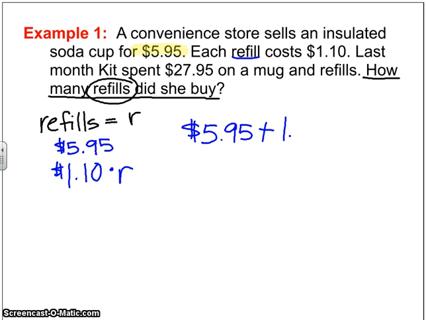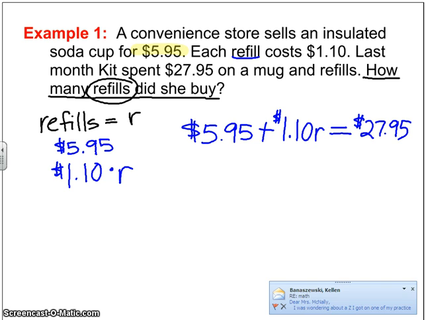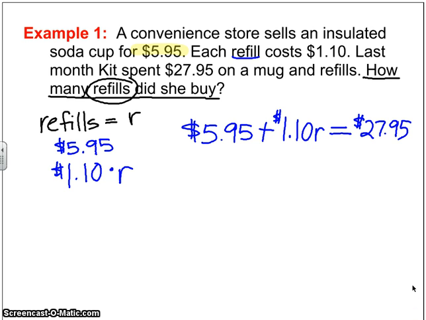So we take the cost of each refill and multiply it by the number of refills that we actually took. And what we do know is that Kit spent a total of $27.95. Okay, so there's your two-step equation.